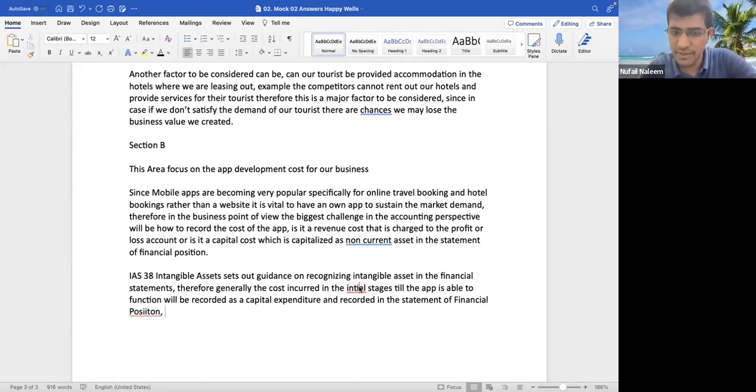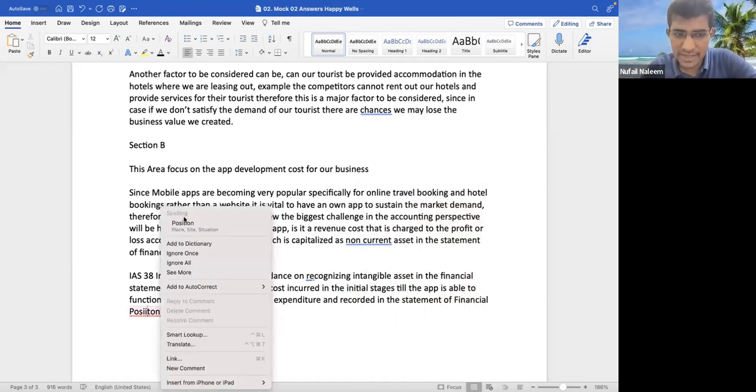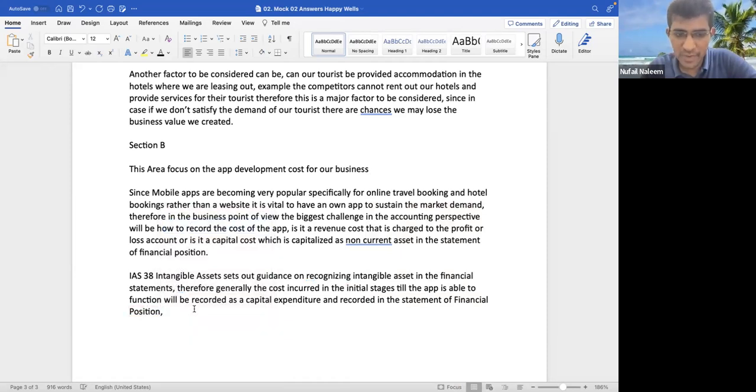Recorded in the statement of what, students? Financial position. I believe it is very, very clear for you all at the moment.